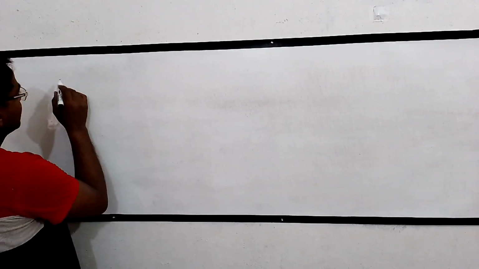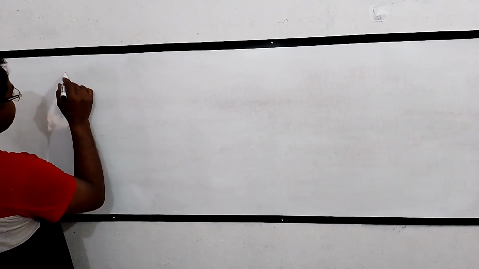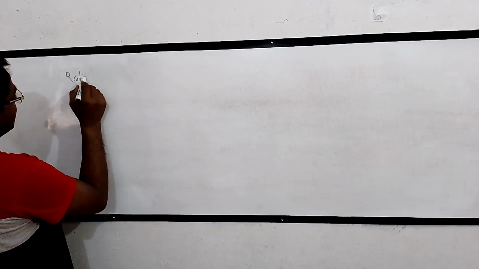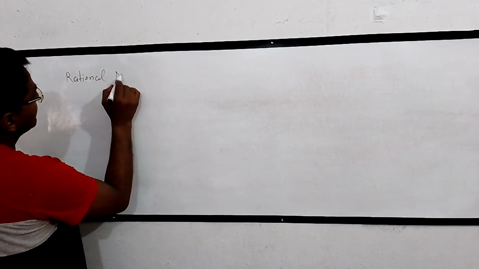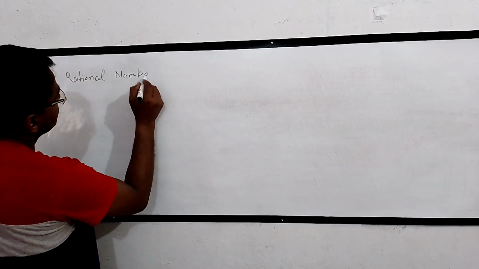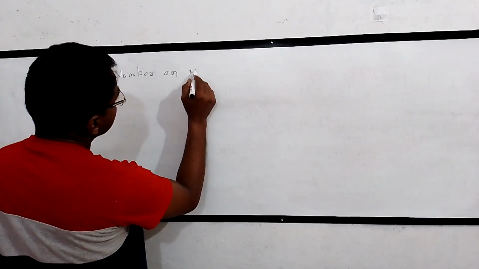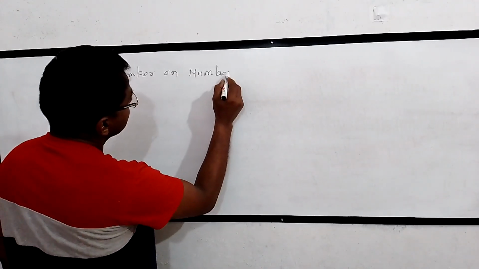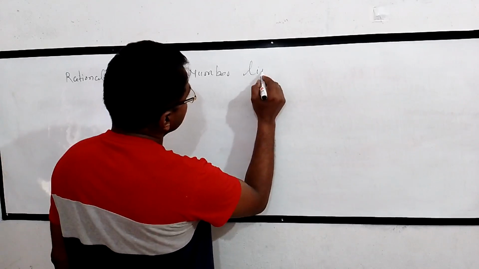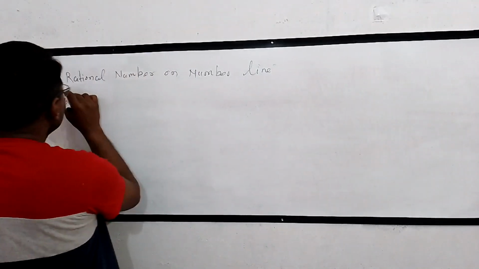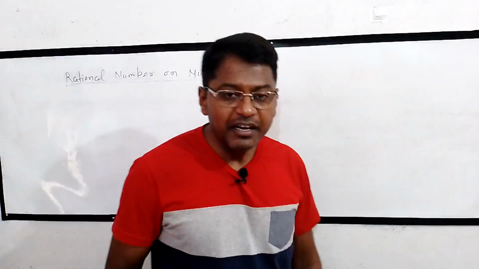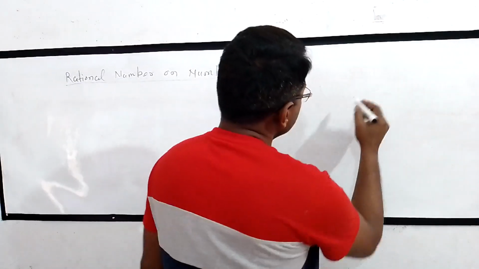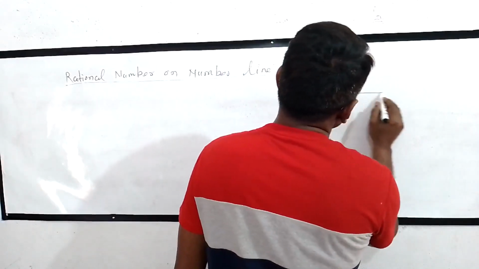Rational numbers on the number line. How to represent rational numbers on the number line? You have represented integers on the number line like this.